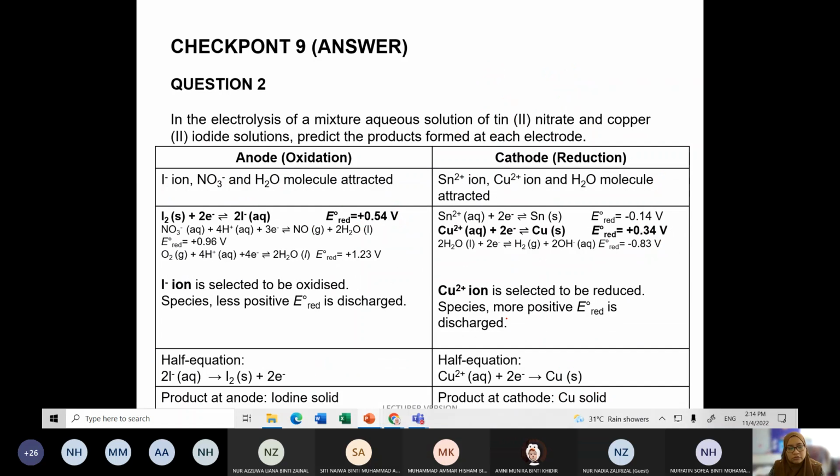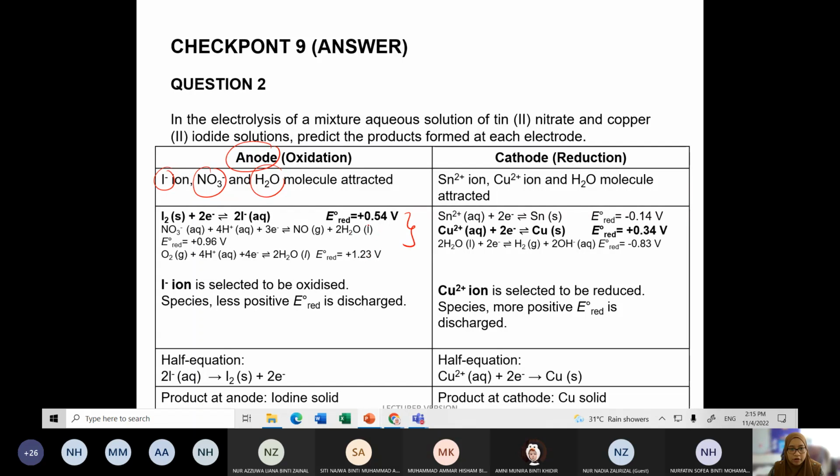Okay, number 2 is also the same. It's just that now we have 3 ions, 3 species attracted to the anode. And then we are going to compare the value of the E0 reduction. So we are going to choose the one that is more negative, because we are talking about anode or oxidation.